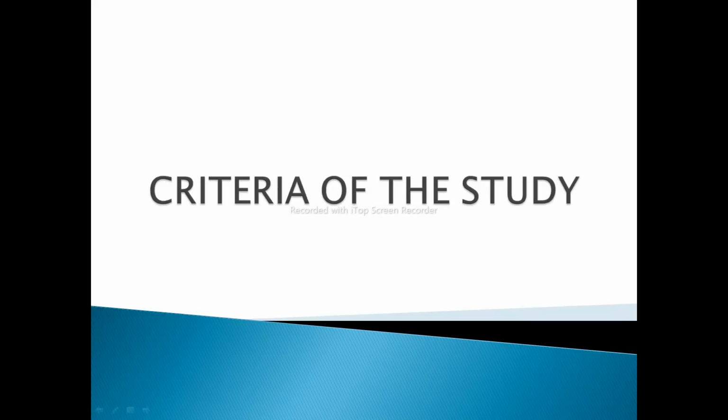Next is criteria for the study. Why do we need to do this TDM? What are the criteria for studying TDM of any drug? Suppose a drug, the TDM procedure will be initiated once the pharmacy department gets an order for a drug that has a very narrow therapeutic range, or whose therapeutic effect cannot be readily assessed by clinical observation.